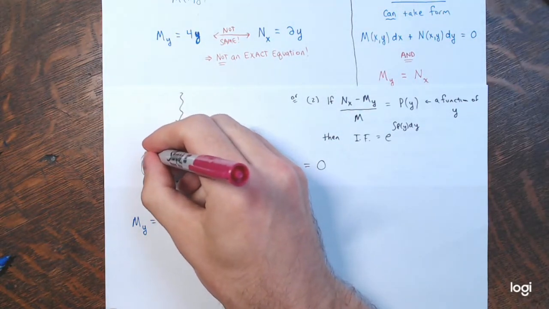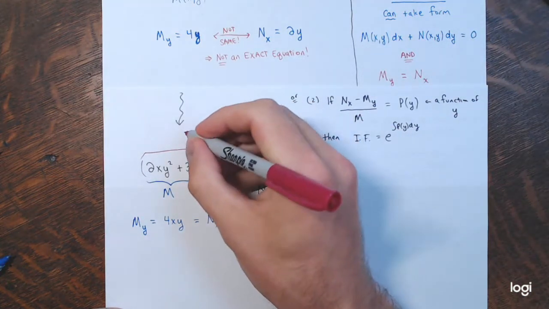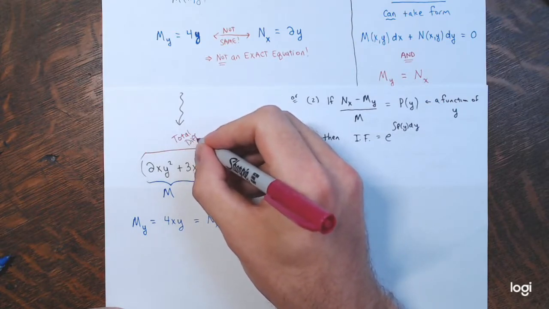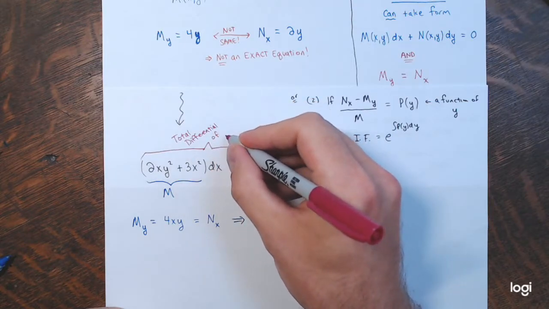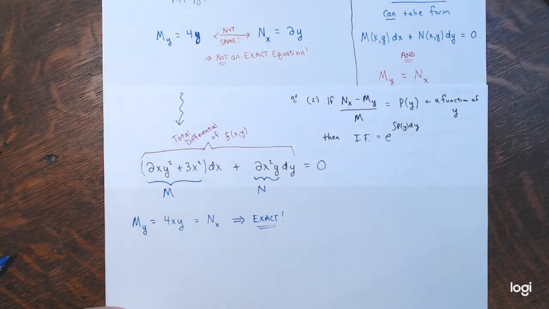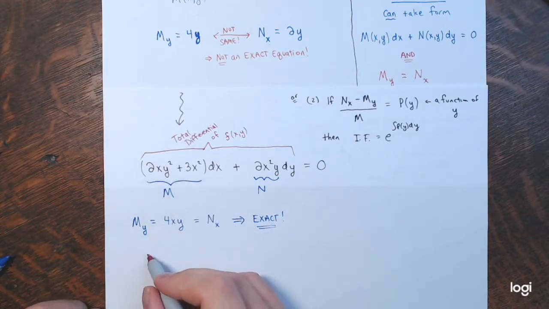Being an exact equation means that this left side here is the total differential of some function I'll call little f of x,y. So this first expression M would be the partial of f with respect to x, because this is times the dx there.